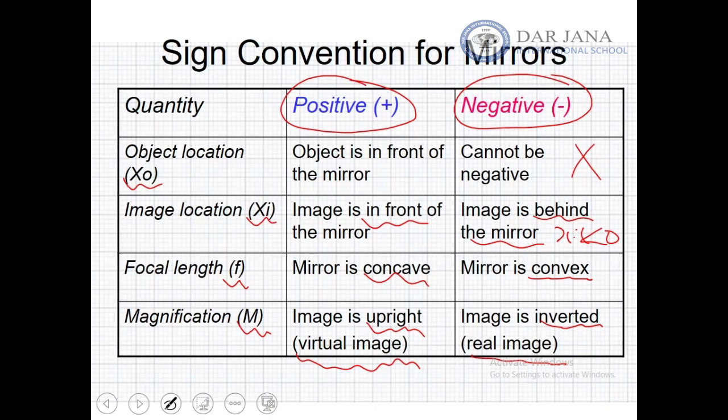Also, let's say the magnification is negative 3. Since it's a negative sign, we can know the type of the image. If it was given negative 3, it means the image is a real image and inverted at the same time.